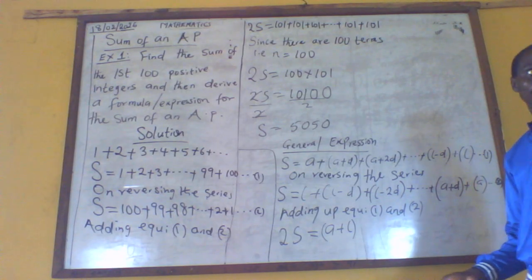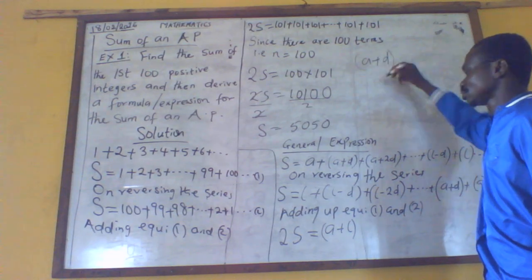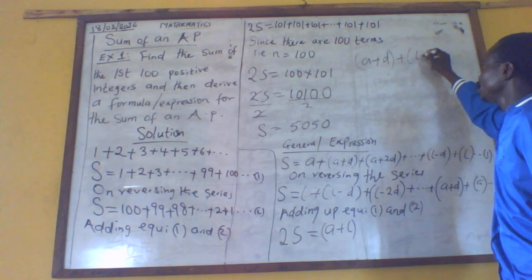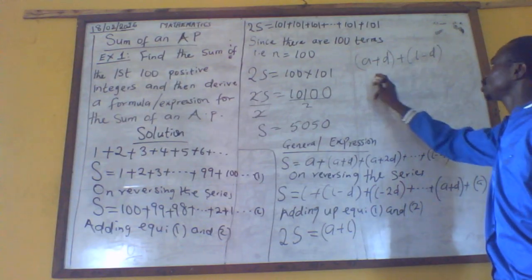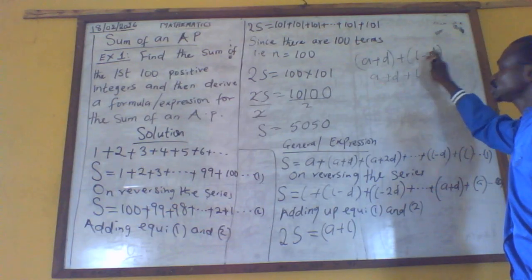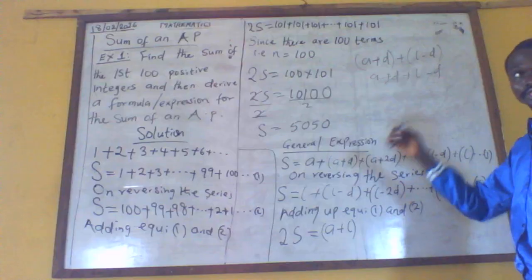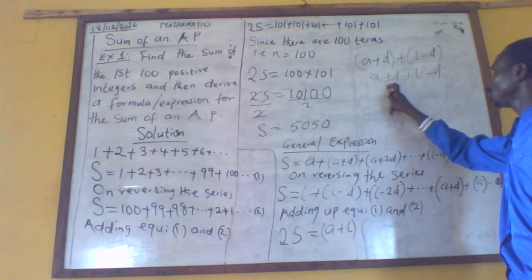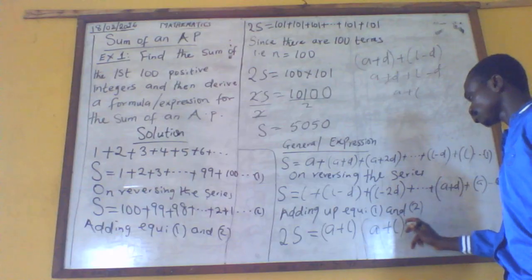A plus N. Because you have A plus D plus L minus D. So if you open this bracket, you have A plus D plus L plus times minus D minus D. So this one will take care of this, right? So you end up having A plus L. So I have A plus L.